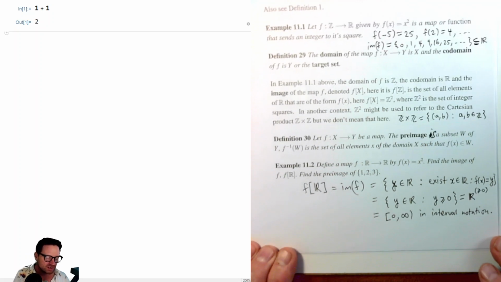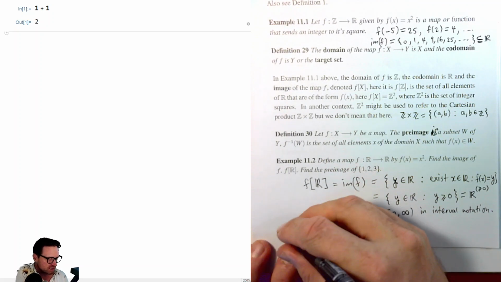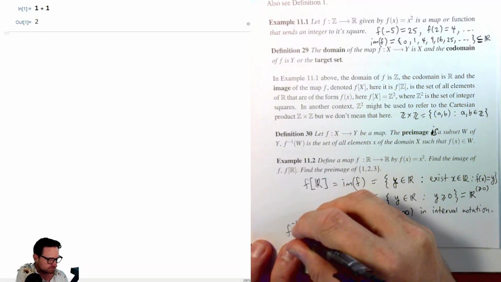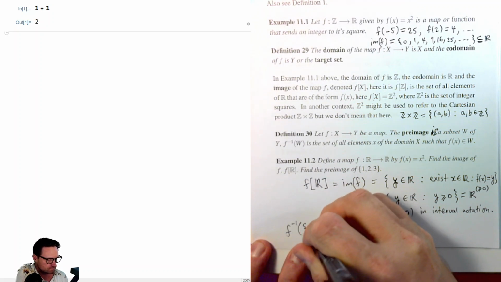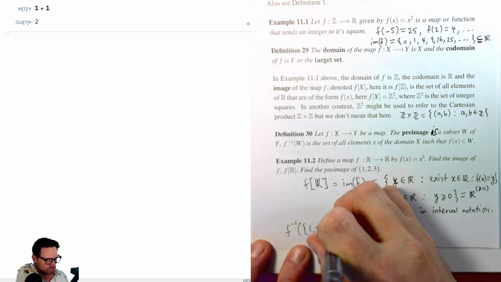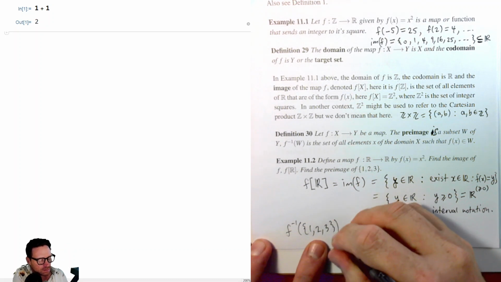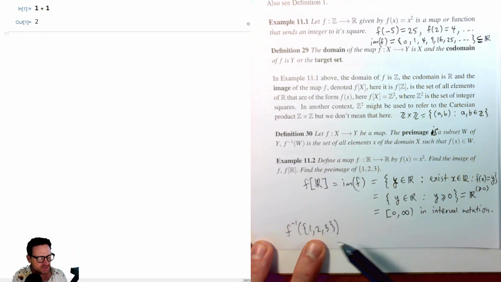Now the preimage of the set {1, 2, 3}, this is the set of all elements that map to 1, 2, and 3.